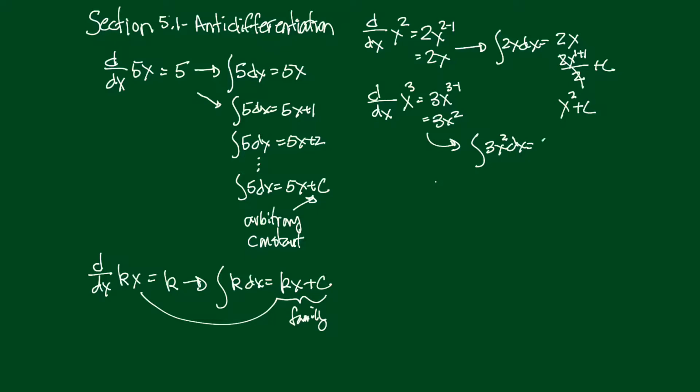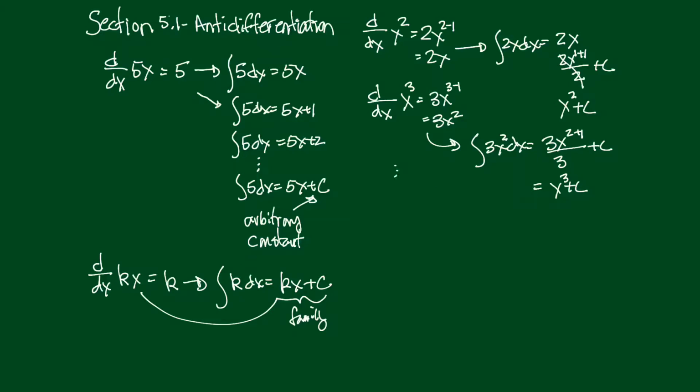We're going to have 3, and then since we decreased the exponent by 1, we're going to increase it by 1. Now we have to eliminate that 3, because we multiplied by 3. We're going to have to divide by 3 to undo that multiplication. Plus c. So the 3's cancel, and we get x cubed plus c. So we don't get exactly back to x cubed, but we get back to that family.